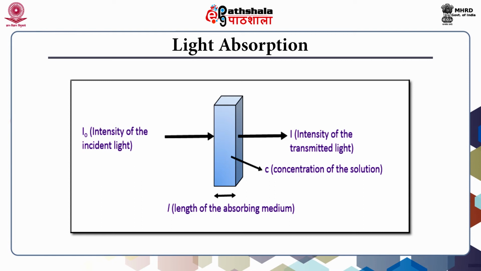Decrease in the intensity of transmitted light is mainly because of the absorption of light by the analyte present in the solution. There is some loss of light intensity from scattering by particles present in the solution or by reflection at the interfaces.